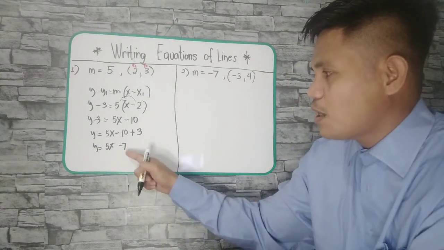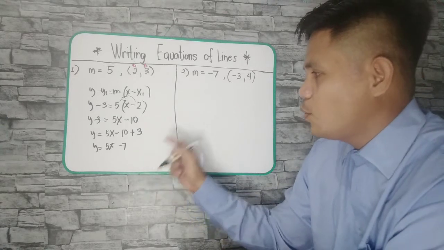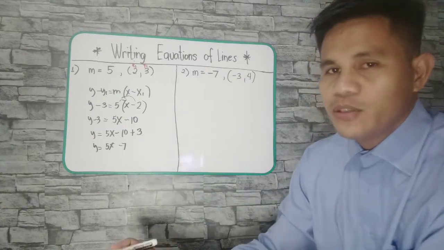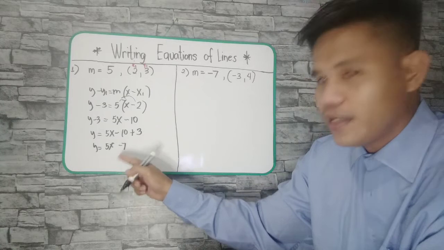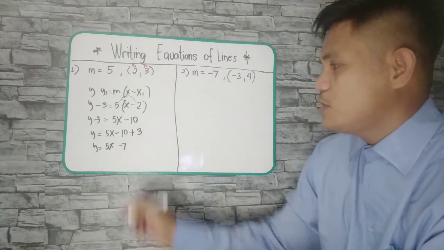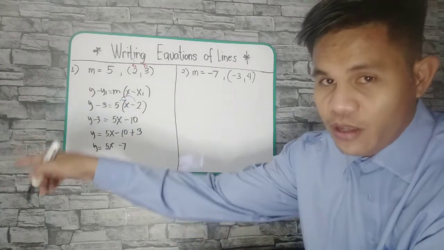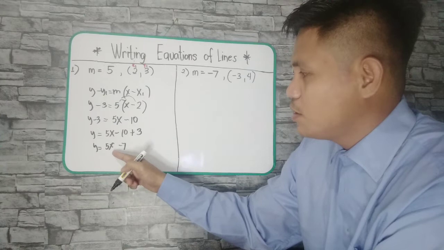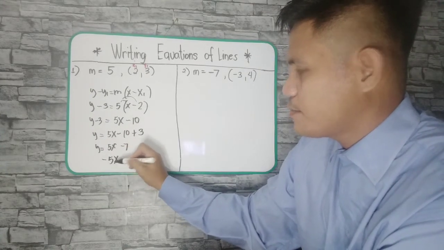So this is an example of slope intercept form. But we have to write it or transform it into standard form. So how are we going to transform it again? All you have to do is transpose 5x from the right side to the left side. This is positive 5x, so it will become negative 5x.